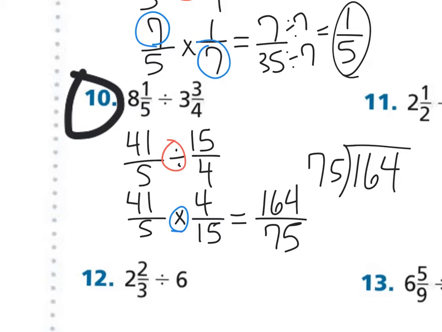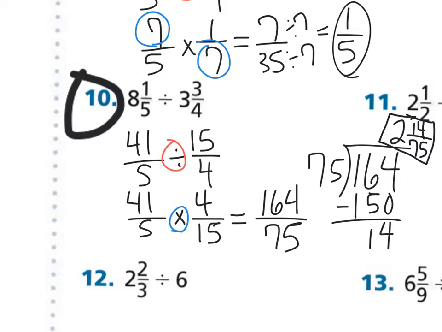So 75 would go into 164 2 times, which is going to end up being 150. There's 14 left out of 75. And since I was not able at all to reduce ahead of time, this should be reduced already. Only options with 14 anyway would be 2 and 7, and neither of those work with the 75.